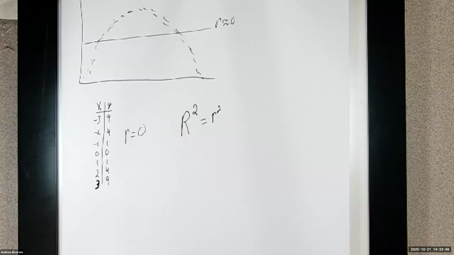So if we're looking at Minitab, I can come in here and say X, then say Y, and I'm just going to put in the values that I've already selected. And then for the Y values, like I said, that's going to be 9, 4, 1, 0, 1, 4, and then 9.